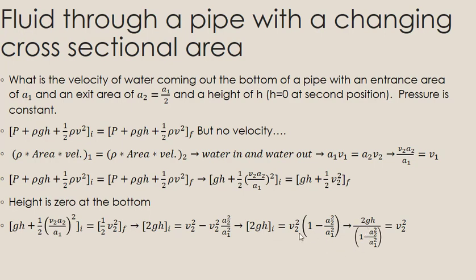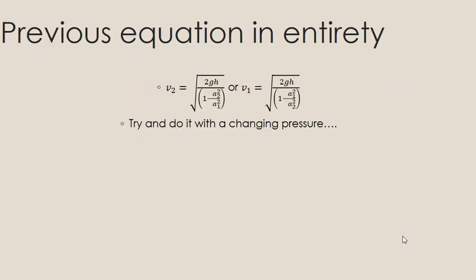Great. Moving on, previous equation in its entirety, so you can write that down if you'd like. But you should try to do this with a changing pressure and see what it looks like. It's a couple more terms in here, but it's not impossible. All right, great.